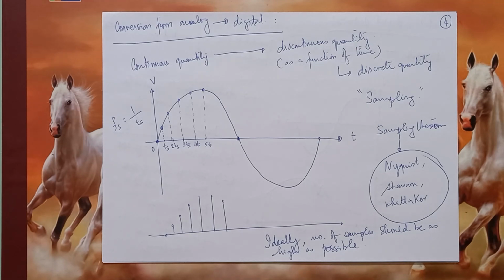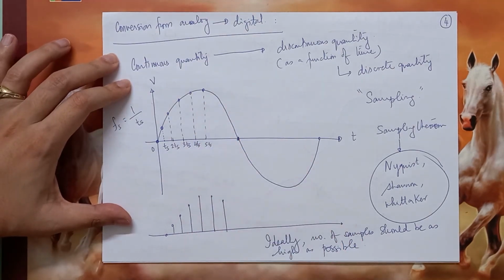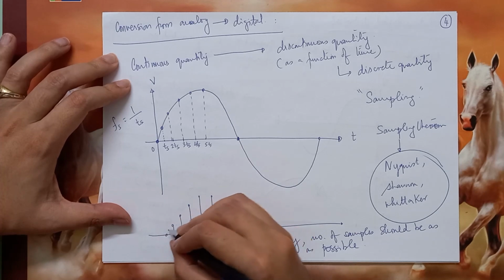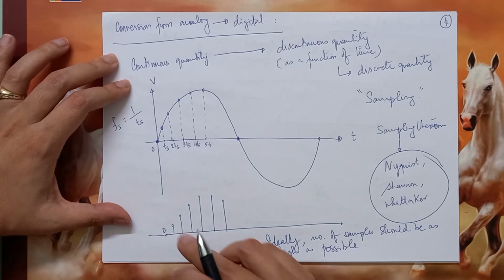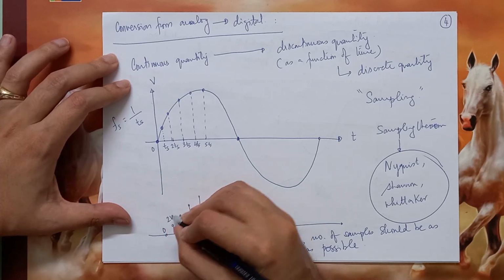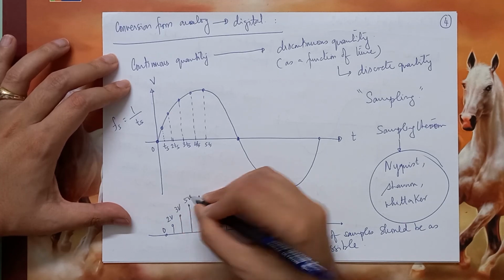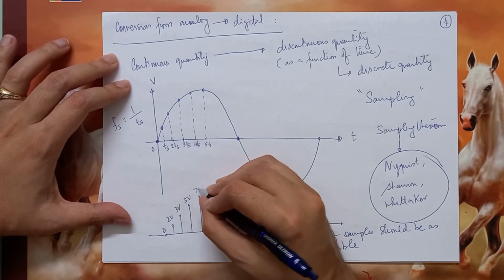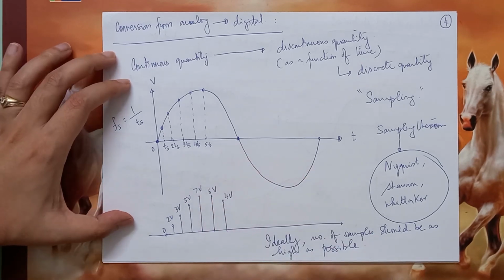So what we see is that once we take the sample, let us say for the first sample the value we see is 0. For each sample you will get some kind of a voltage value. Let us say this one is 2 volts, this one is 3 volts, this one is 5 volts. I'm just giving an example. This is 7 volts, this is 6 volts, this is 4 volts, and so on.